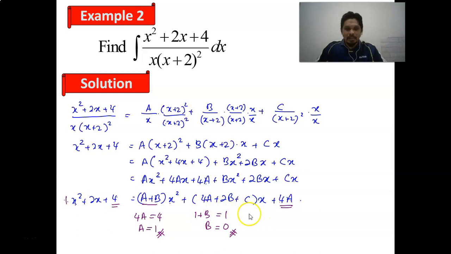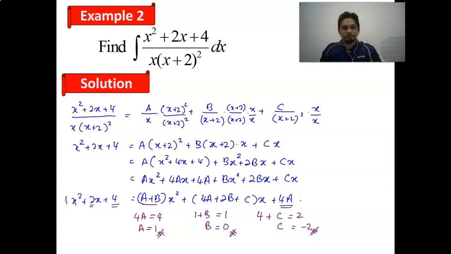And then 4A, 4 times 1 equals 4, plus 2B, B equals 0, plus C equals the coefficient of x, which equals 2. So then C equals 2 minus 4 equals negative 2.